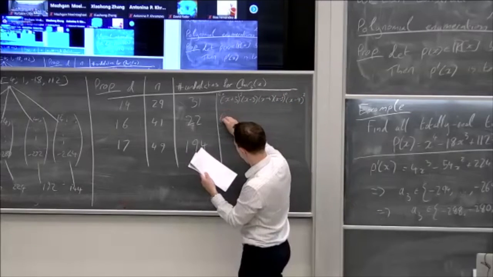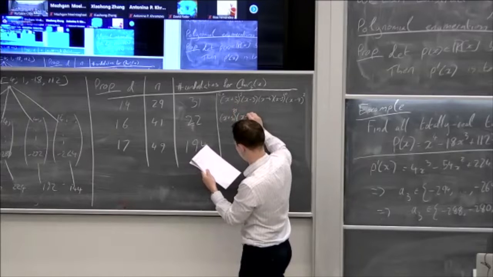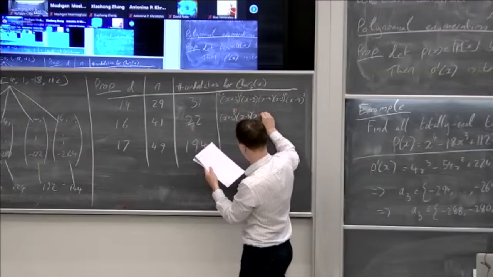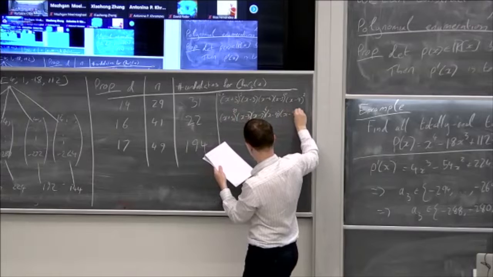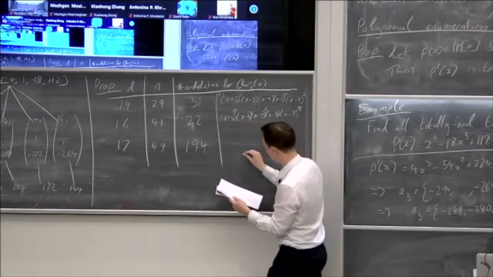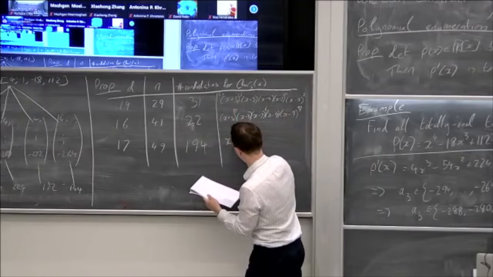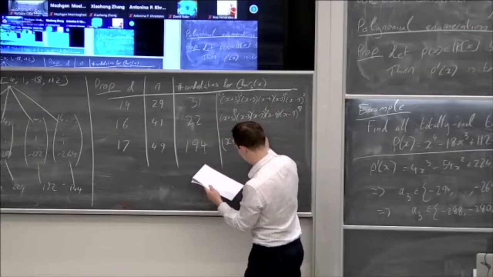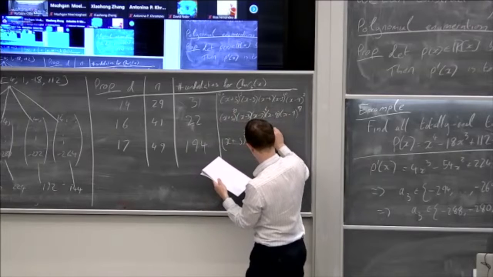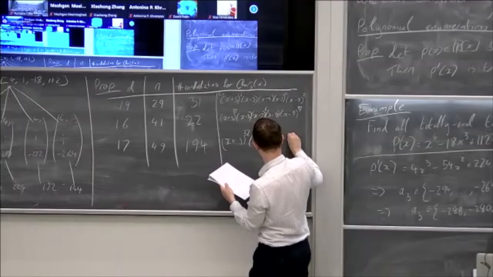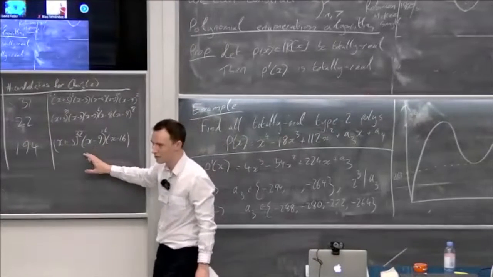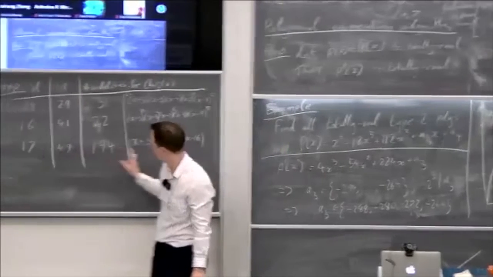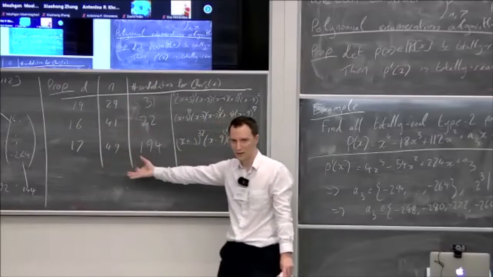This one, x plus 5 to the 25, x minus 3, x minus 7 to the 6, x minus 8, x minus 9 to the 8, and this one, x plus 5 to the 32, x minus 9 to the 16, and x minus 16. Okay, so there's some examples of candidate characteristic polynomials that would correspond to potential systems of lines of this type.